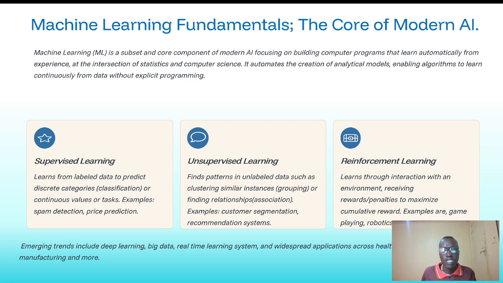It explores supervised, unsupervised, and reinforcement learning, decision trees, and dimensionality reduction. Emerging trends such as deep learning, real-time learning, and applications in diverse fields like healthcare, finance, and agriculture are also highlighted.